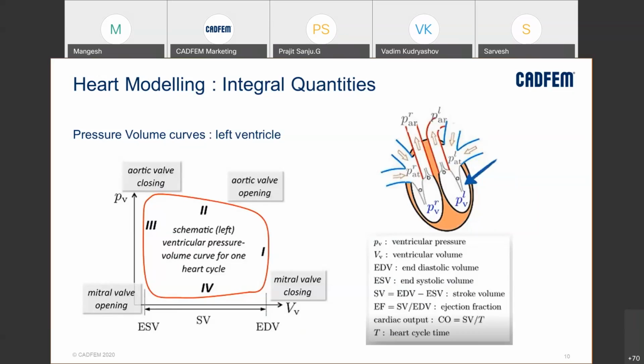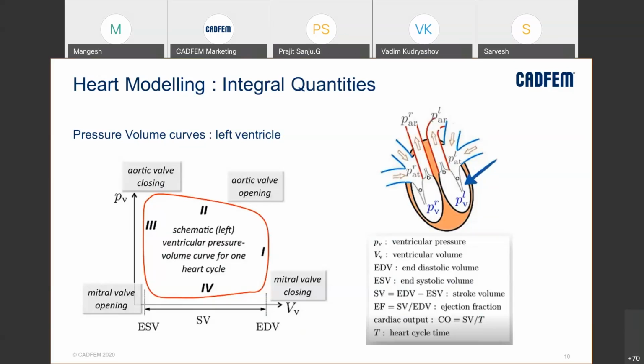So in this particular slide, you can see that we can extract some pressure versus volume kind of information. And this information is useful for the cardiologist to decide how the condition of the heart is, and come up with some measures in which they can improve it.